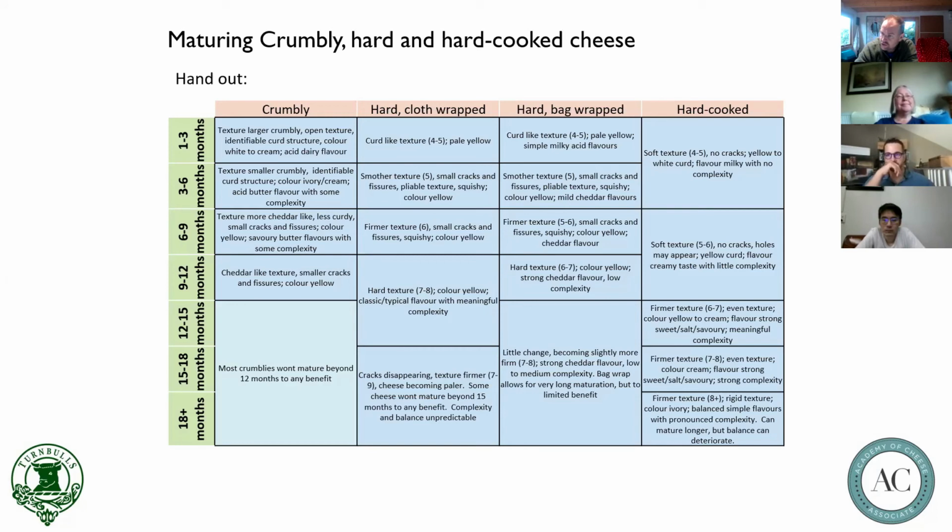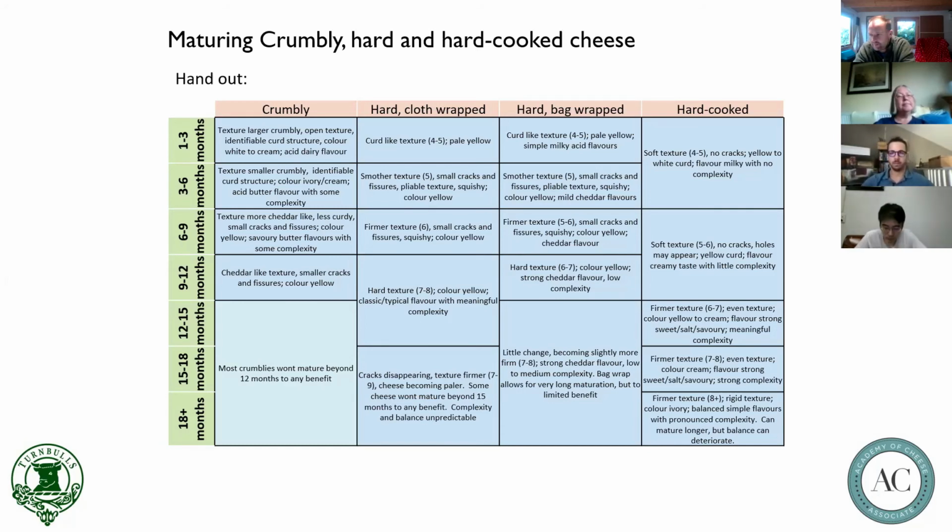Now they do change. They very much do change, but they change more slowly and with less complex outcomes generally, because you haven't got these new ingredients, these new enzymes introduced by the molds and yeasts on the cloth wrapped external.